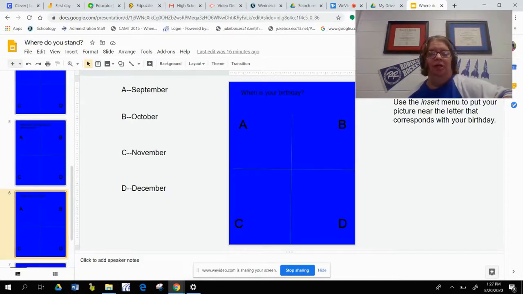This one, when is your birthday? What do you think? Function or not? For it to be a function, each input, each student, each element of the domain has to correspond with one element of the range. Do you think everybody in our class or everybody that's watching this remotely is born in September, October, November, December?